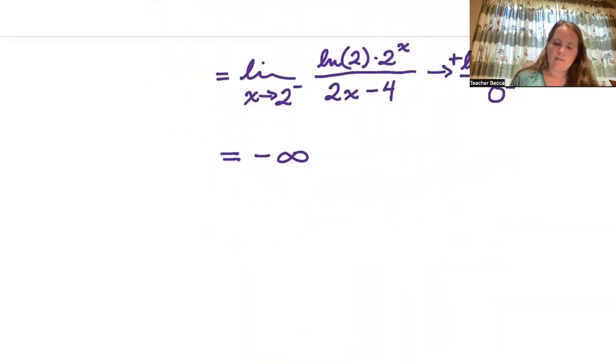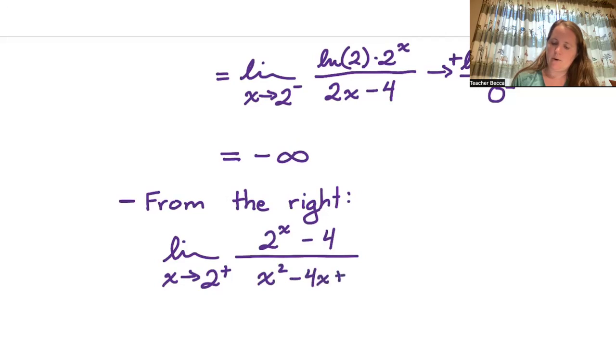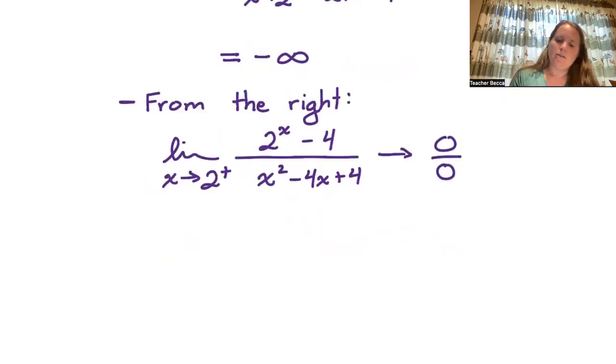From the right, we are looking at the limit as x approaches 2 from the positive side of 2 to the x minus 4 over x squared minus 4x plus 4. Once again, this is a 0 over 0 situation, so we can apply L'Hopital's rule.